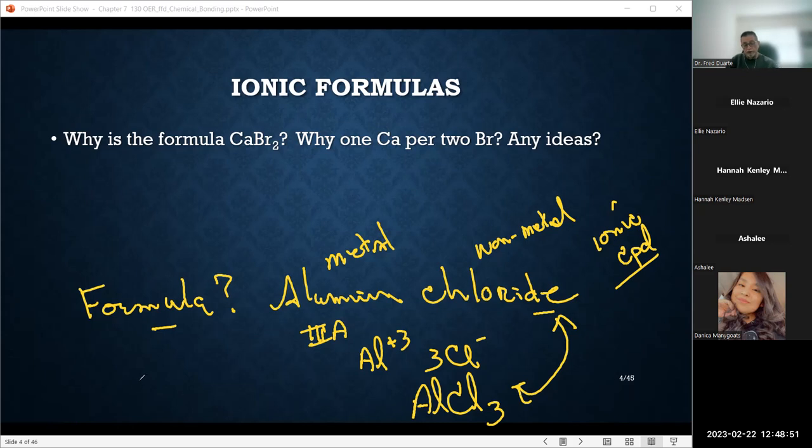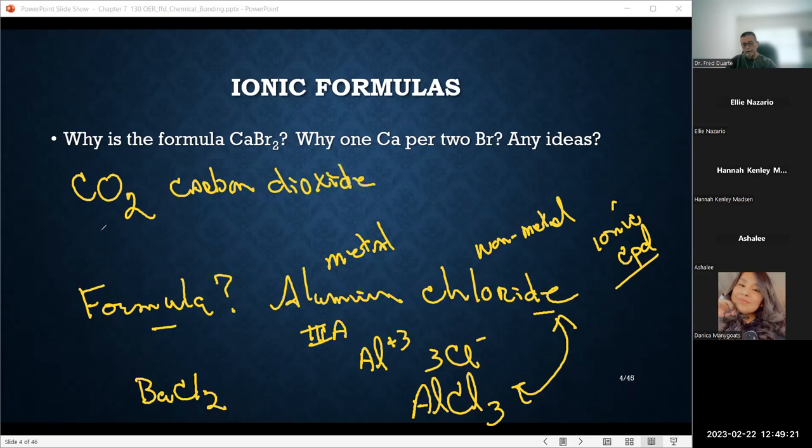If we were to do barium chloride, it would be BaCl2. We can run through that exercise and you see that's the formula. Notice I call this barium chloride, not barium dichloride. Unlike covalent compounds, do you recall the name of CO2? Carbon dioxide. And another example, with only one oxygen, carbon monoxide.